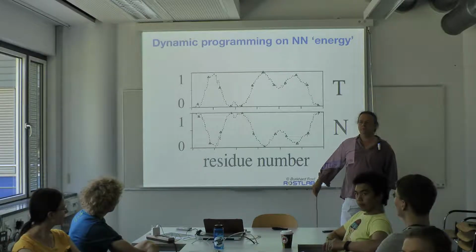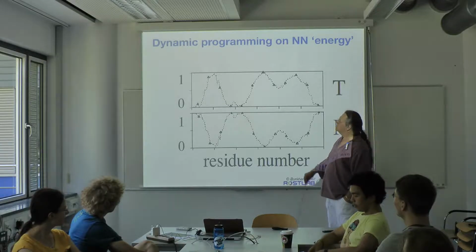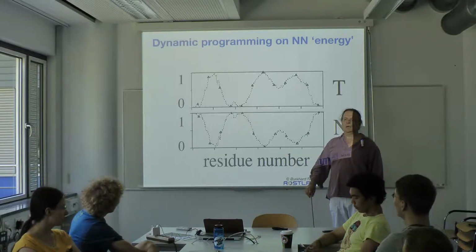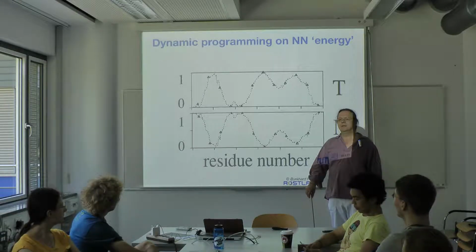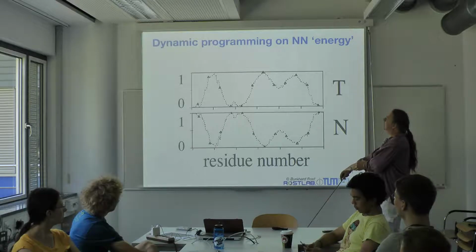Increase the threshold. Yeah, that you could do, but this is what you have, and now you have to get the prediction of helices. How many helices do you have in there? How do you see that? Yeah, three peaks. That's the way you do it.